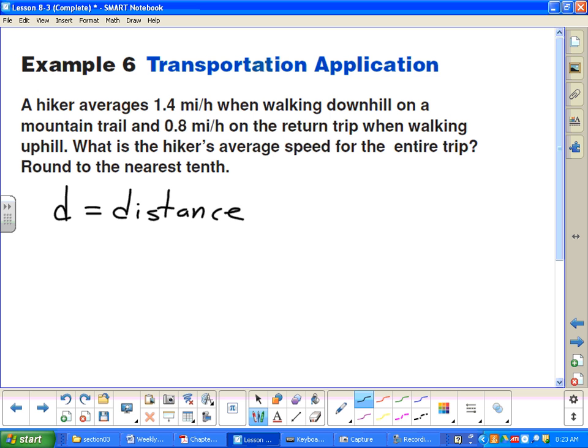Okay? And in this problem, they're going downhill and uphill, right? And what do we know about the distance going downhill and the distance going uphill? It's longer downhill? Or would it be the same?